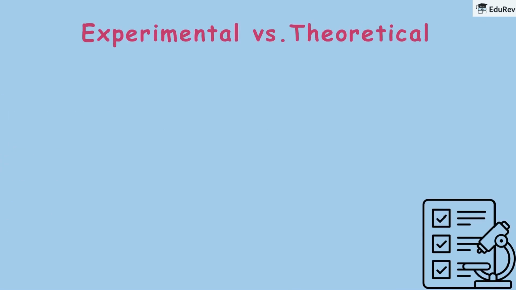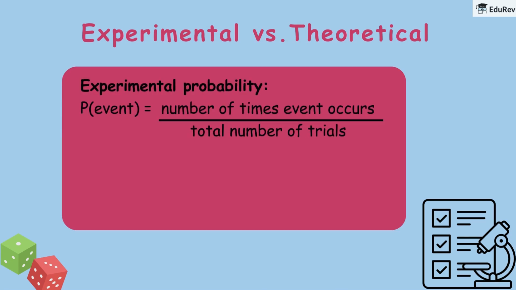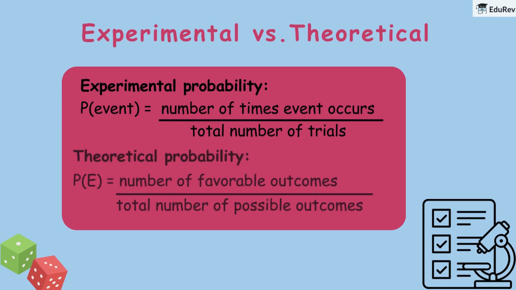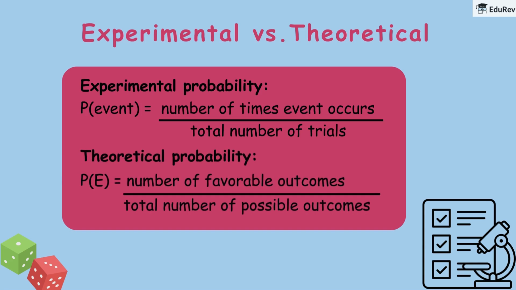Next, let's differentiate between experimental and theoretical probability. Experimental probability is defined as the number of times an event occurs divided by the total number of trials. Theoretical probability, on the other hand, is the number of favorable outcomes divided by the total number of possible outcomes.